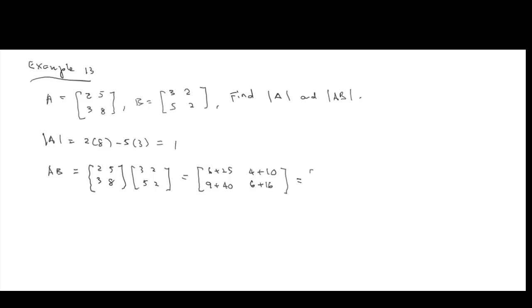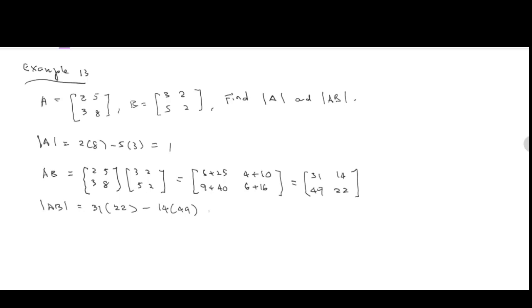So it is equal to [31, 14; 49, 22]. So the determinant of AB is given by 31 times 22 minus 14 times 49, which is equal to -4.